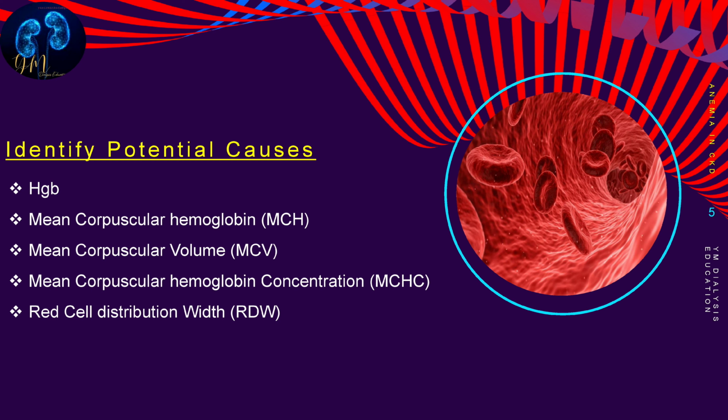In CKD, anemia is generally normochromic, with normal MCH, and normocytic, that is normal MCV, and long-standing iron deficiency anemia is both microcytic, or decreased MCV, and hypochromic, decreased MCH.